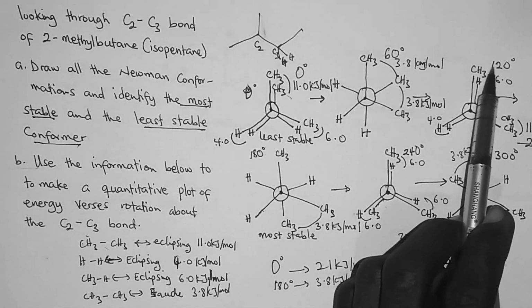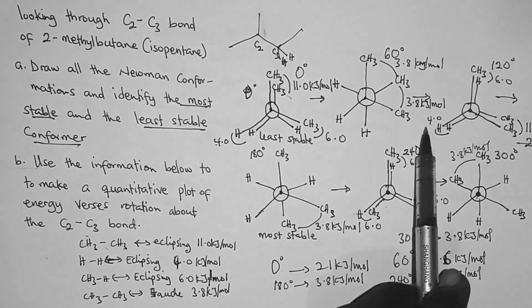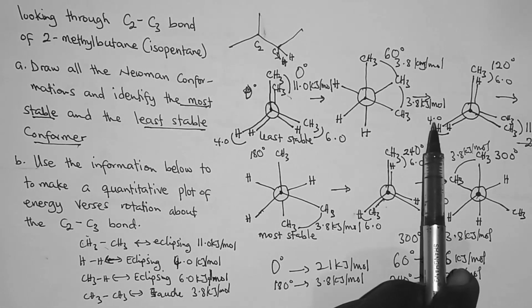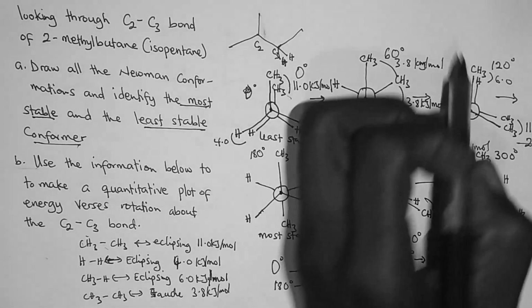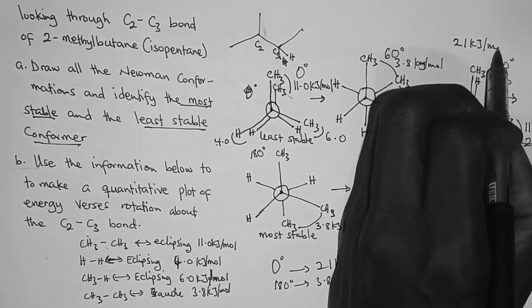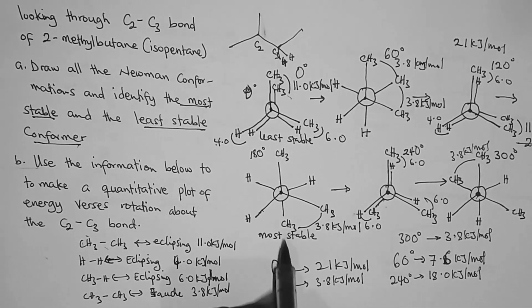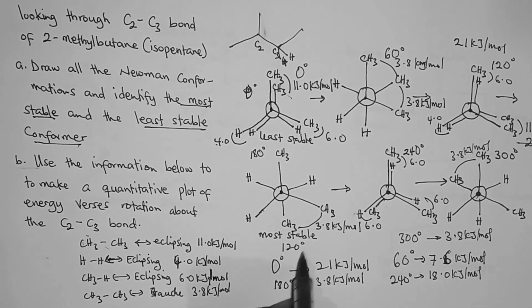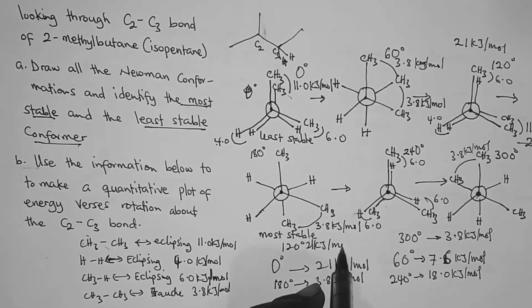So we have 6 plus 4 is 10. 10 plus 11 is 21. So there's 21 kilojoules per mole for the 120 degrees. So 120 degrees also corresponds to 21 kilojoules per mole.